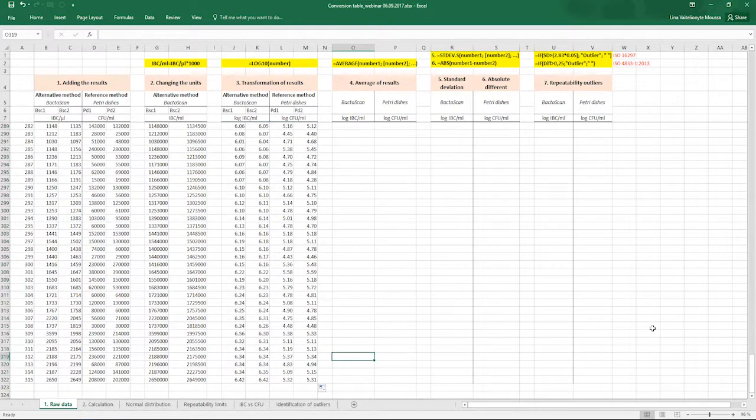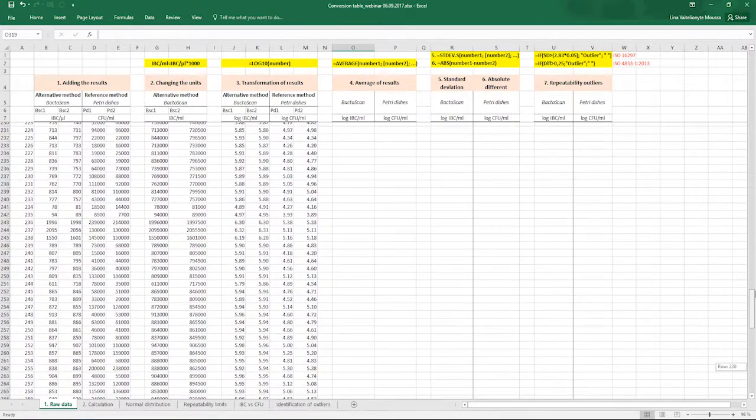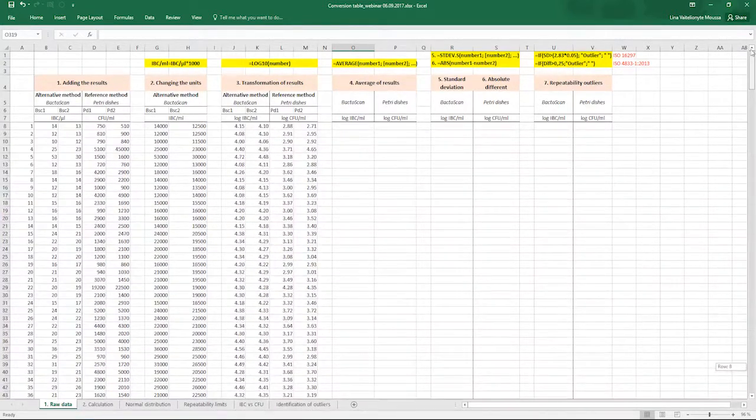And here you are. So what did we do so far? We have data in the first two columns from the BactoScan, first replicate and second replicate. In the next two columns we have data from Petri dishes, first replicate and second replicate. It is very important to have data in at least duplicates, and I will show you in a moment why.